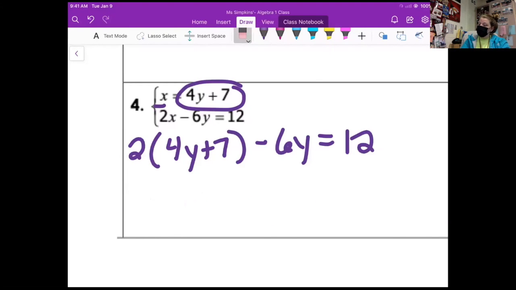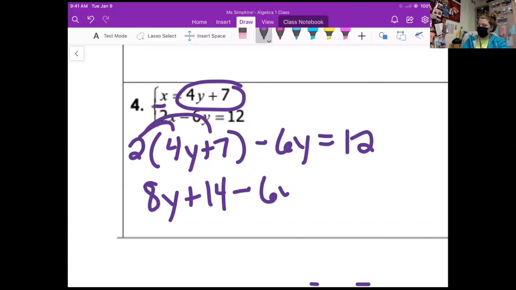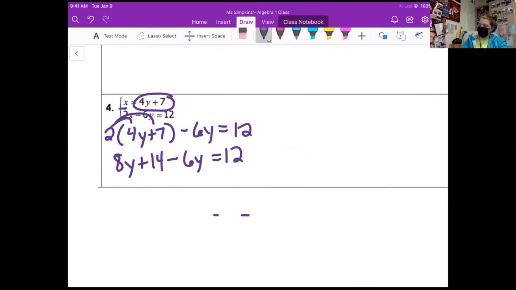So we want to distribute 2 to get 8y plus 14 minus 6y equals 12. Then what? Combine it. Yes. 2y plus 14 equals 12.